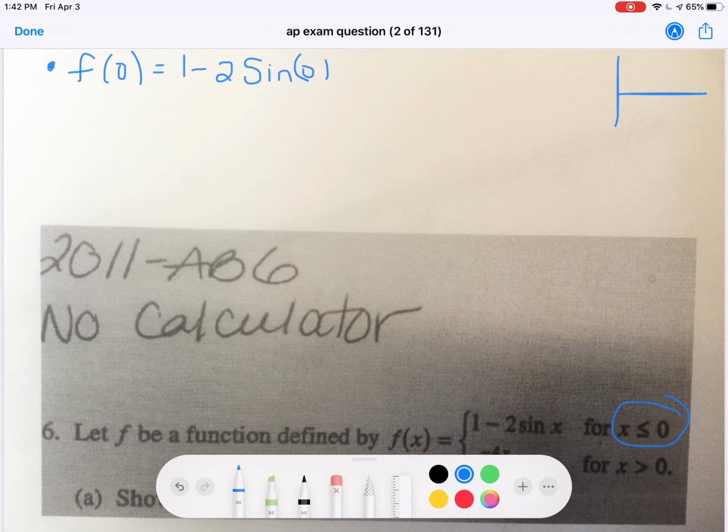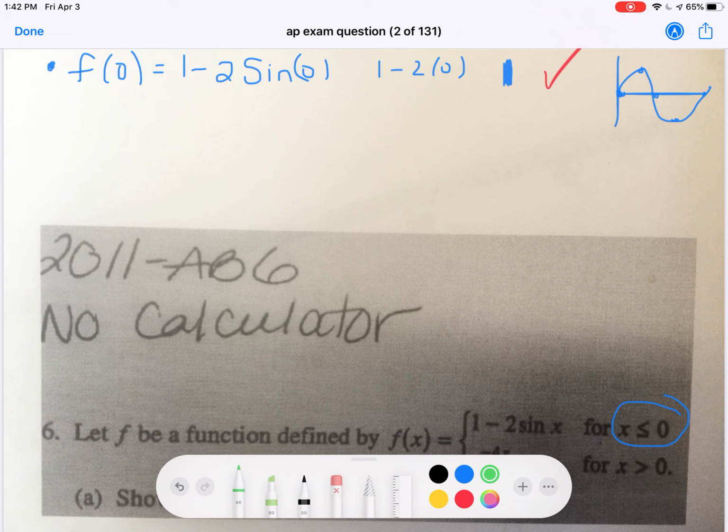I'll do that real fast again over here. The sine of 0 is 0. So I'm just going to do the work over here so I have more room. It winds up being 1 minus 2 times 0, so we wind up with 1. I'll put a little check mark here because there is a function value.